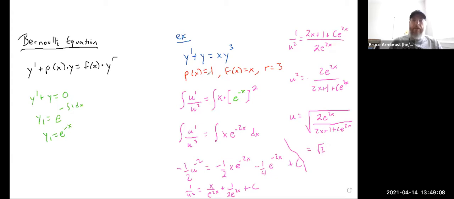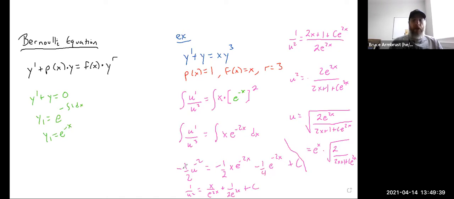I'm going to factor out that e to the 2x, because the square root of that is just e to the x. You'll see why I did that when I go to my next step.